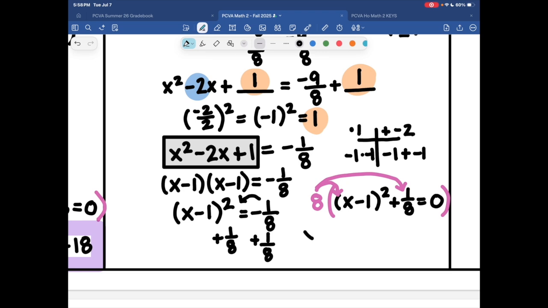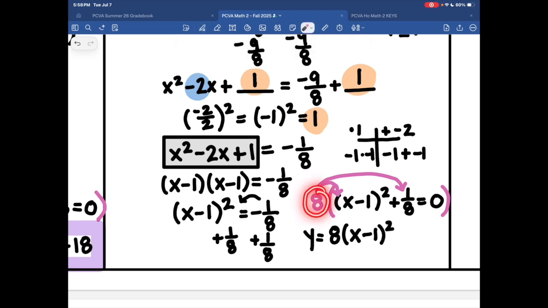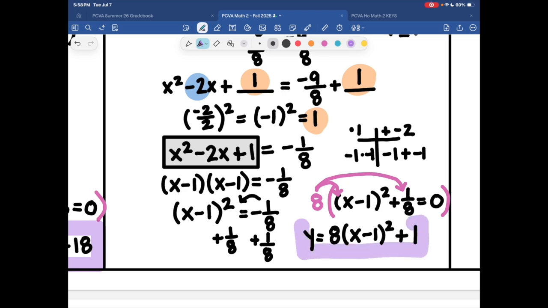So my final vertex form is 8 times x minus 1 squared, and then 8 times 1 over 8 is just going to equal positive 1. And we now have our final vertex form. We have our a, we know our h is a positive 1, and our k is also positive 1.